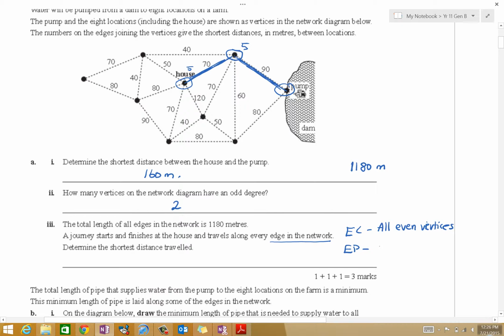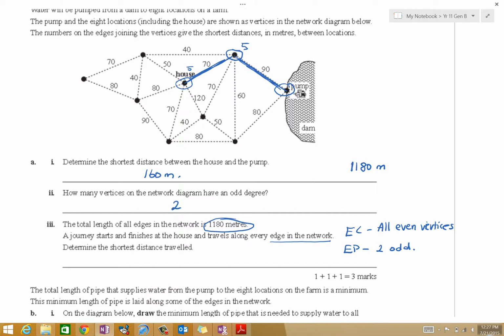For a Euler path we have exactly 2 odd vertices, and the only way the path can exist is if we start and finish at an odd vertice. So let's think about it. We've been told that every edge, when we add them up together, is 1180. So we can do that, which is called a Euler path.